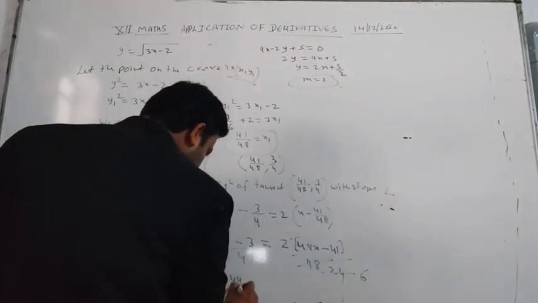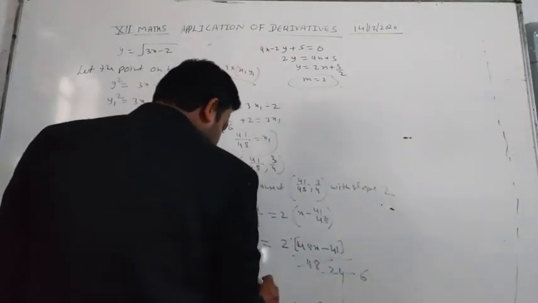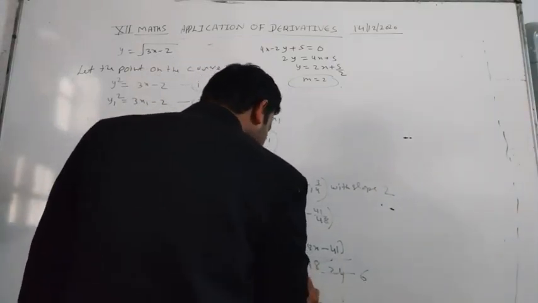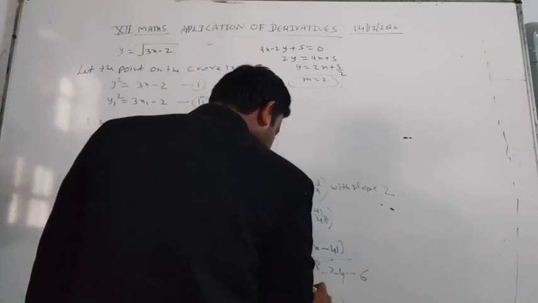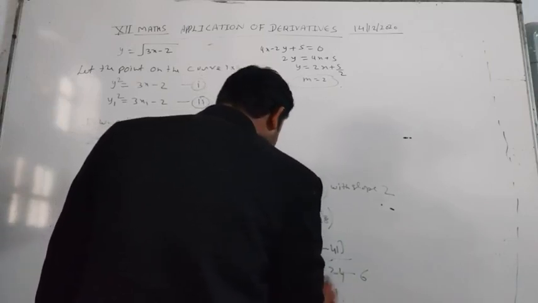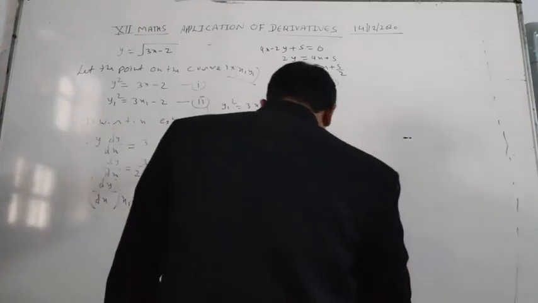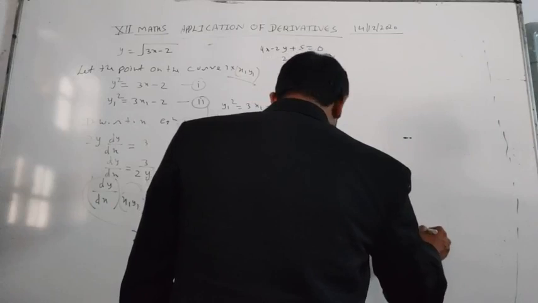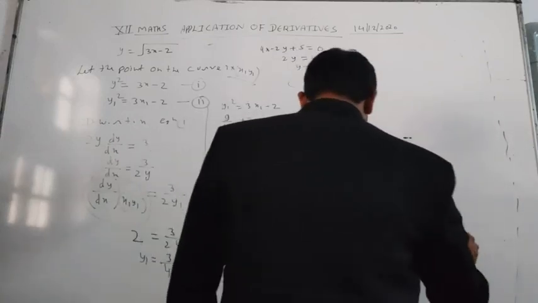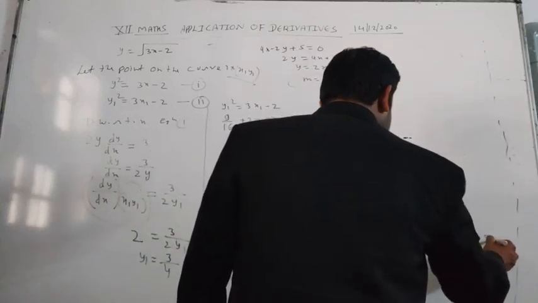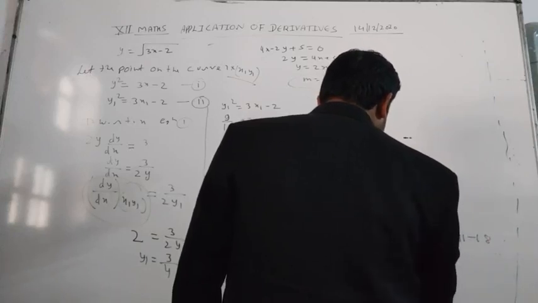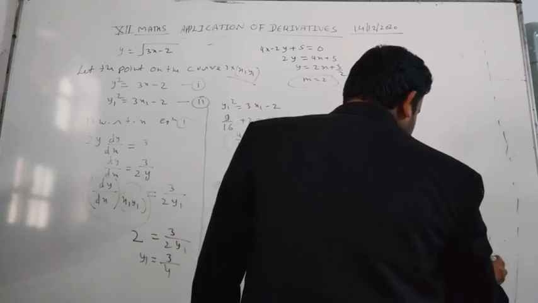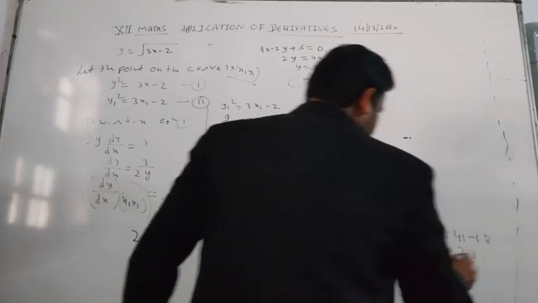So 24y minus 18 is equal to 48x minus 41. Now we will further solve it and get 48x minus 24y, which is equal to 41 minus 18, and that is 23.